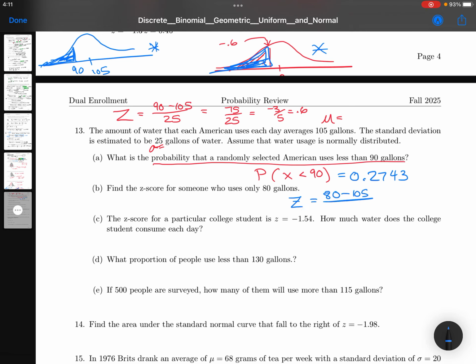Find the z-score for someone who uses only 80. 80 minus 105 over 25 is negative 25 over 25, or negative 1. If you have a z-score, you can also work backwards to find x. First, you're going to want to multiply by 25 on both sides of your equation. That will clear out your fraction. So I'm going to multiply both sides by 25.